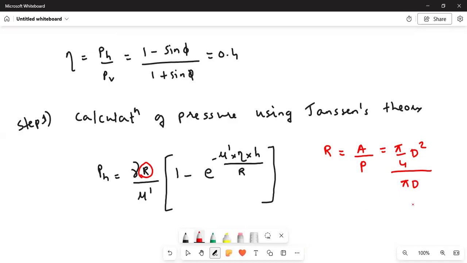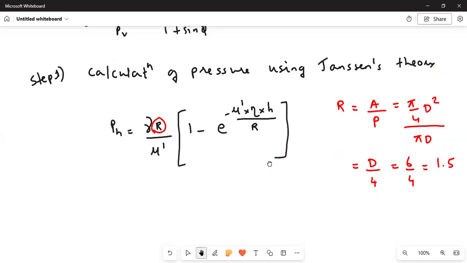It is 2 pi r. If you are using diameter, then it will be pi d. So equal to d by 4. And what is d? Diameter of the circle, it is given in the problem, that is 6 meter, 6 by 4, and the hydraulic mean depth is coming as 1.5.